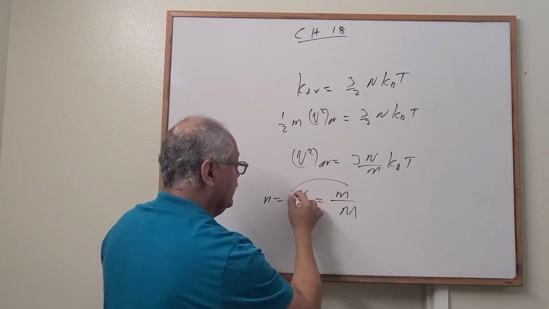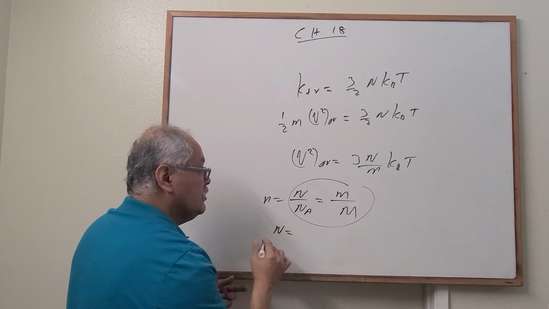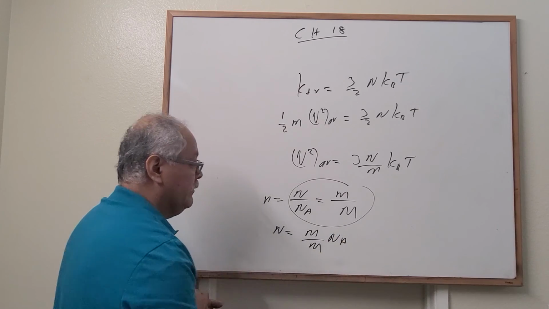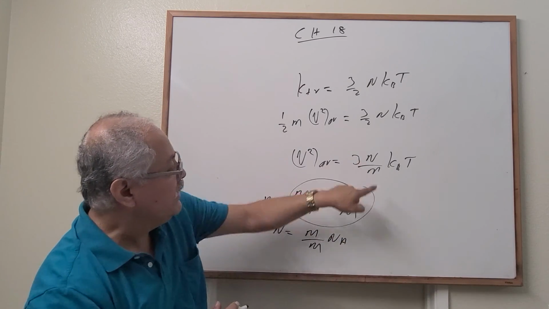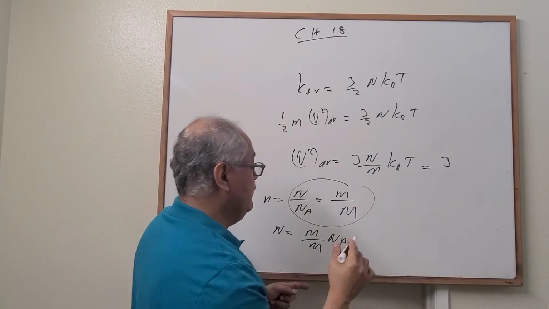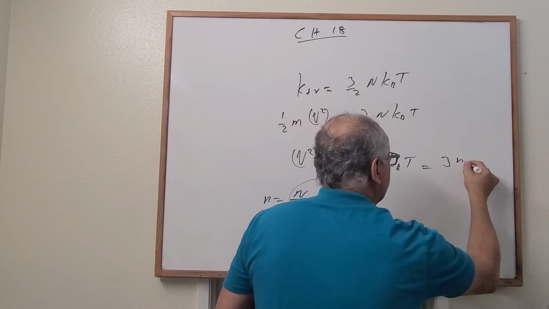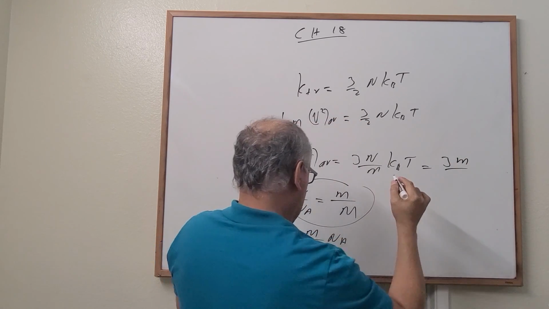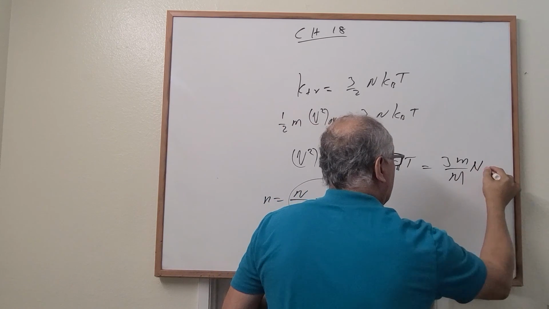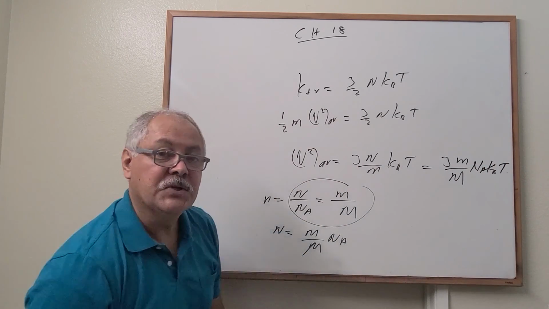Now from here, let's solve for N. So N is equal to mass over molar mass times Avogadro's number. Let's substitute this value right here, and what do we have? This is equal to 3 times N, but N is equal to this mass over this molar mass times Avogadro's number, times the Boltzmann constant times the absolute temperature.